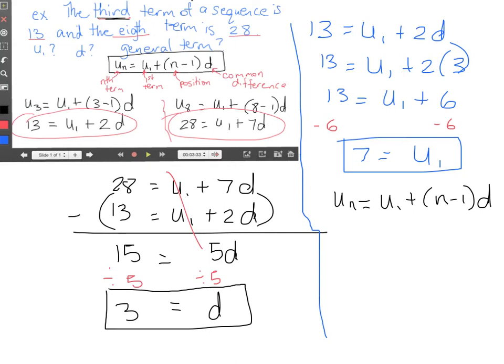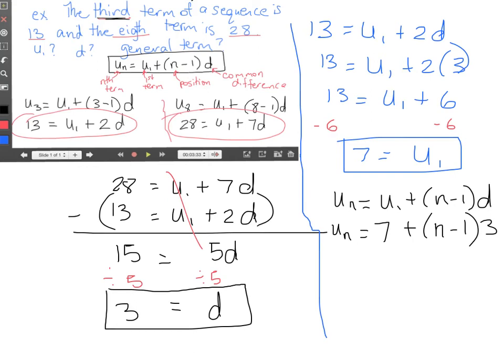So now we're going to take that general term and get something more specific for this sequence. So un is equal to our first term, which we just got, 7, plus n minus 1. Since it's general, we just put n back, and d we got to be 3, so we can plug 3 in for d.